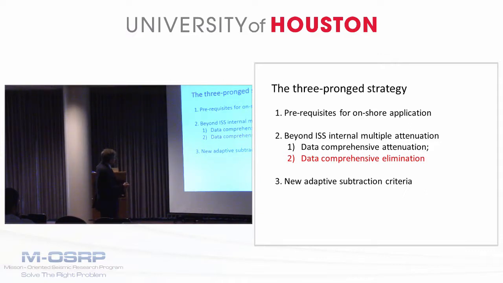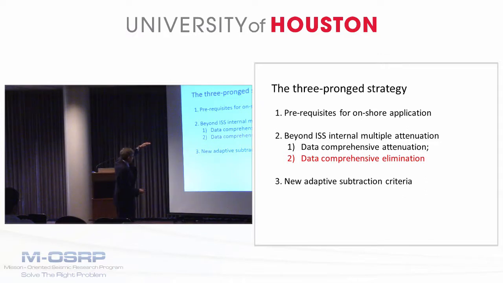So the response that we're proposing to that is prerequisites for onshore. Onshore, there are many, many cases where you have interfering primaries and multiples. And the pre-processing steps are challenging onshore. And you saw Jingwu, Zhen Zhang, and Yuchang Shen this morning talking about pre-processing, onshore, offshore, different. So that's crucial.